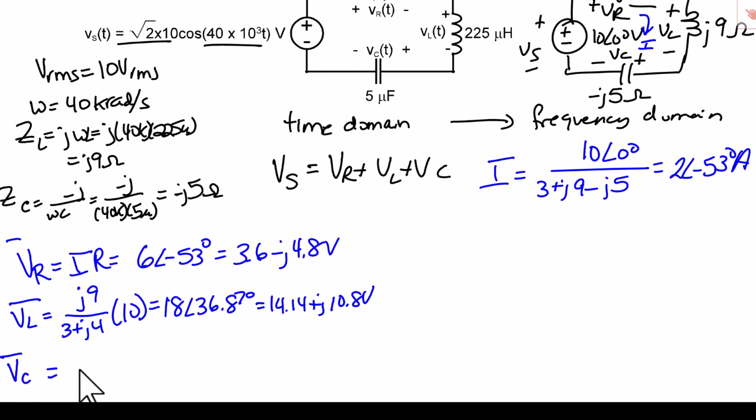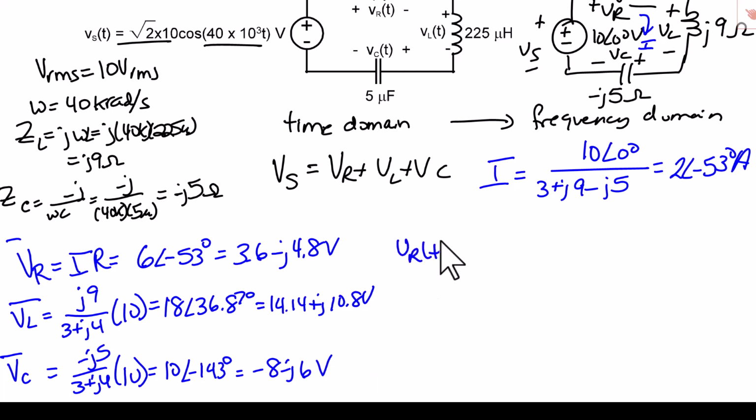Next, we'll find the voltage across the capacitor. Using the voltage divider, that's negative j5 over 3 plus j4 times 10. So the voltage across the capacitor is 10 with an angle of negative 143 degrees, or in rectangular form, negative 8 minus j6 volts. In the time domain, the voltage across the resistor would be 6 cosine(40,000t minus 53 degrees).